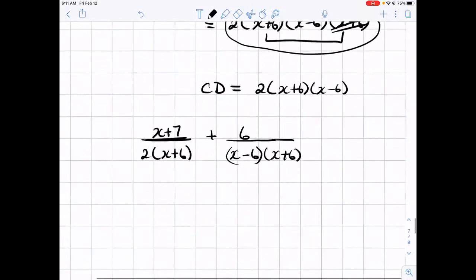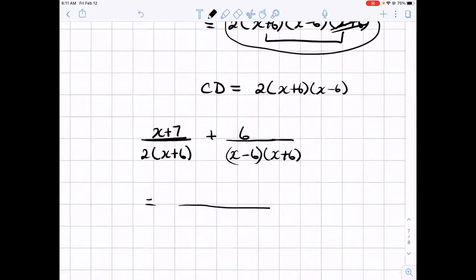And we're saying that the common denominator is now 2 parentheses x plus 6 and then x minus 6.